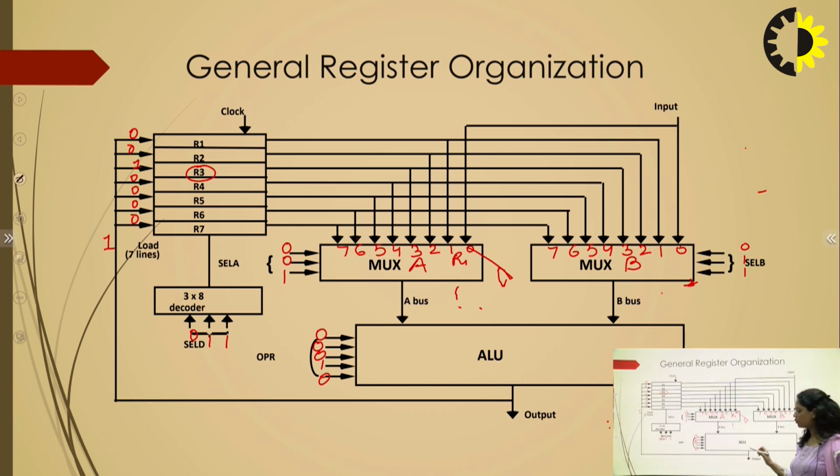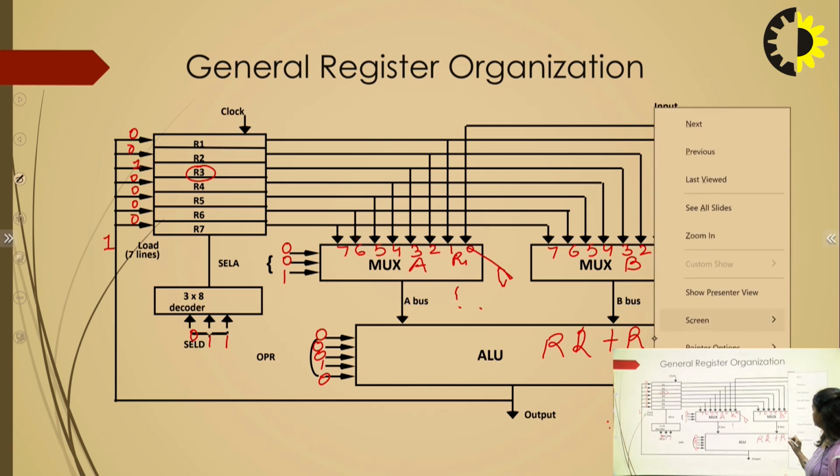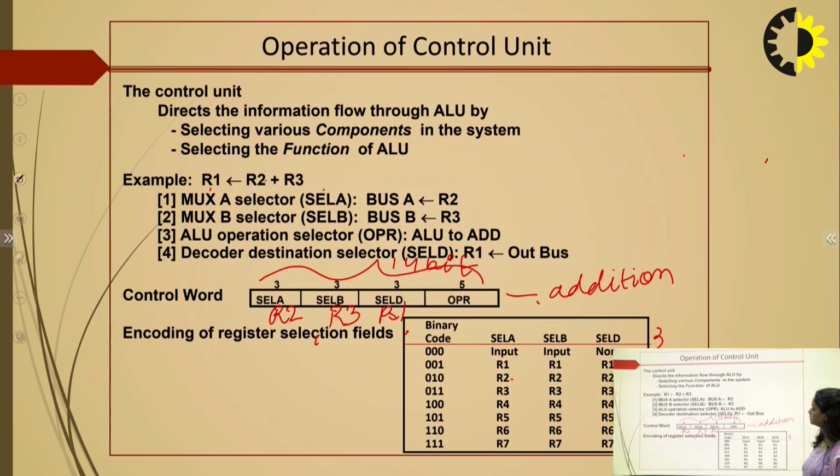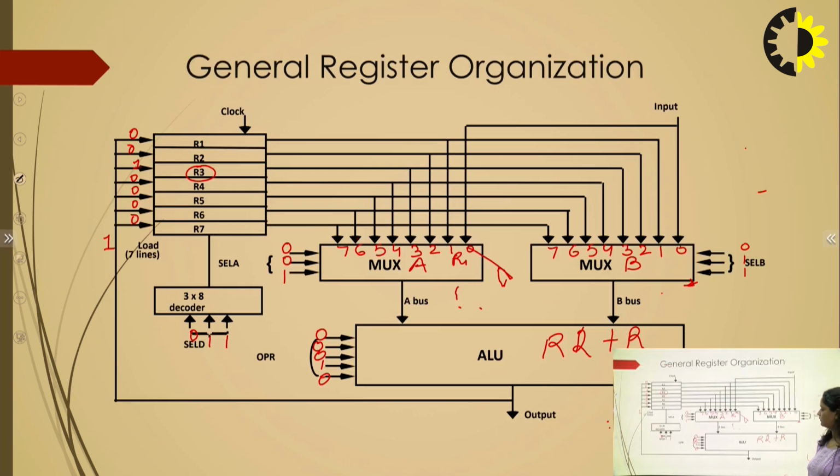So we will be putting this code over here, and what will we be performing? We will be performing the addition of R2 and R3, and the result will be stored in R1.